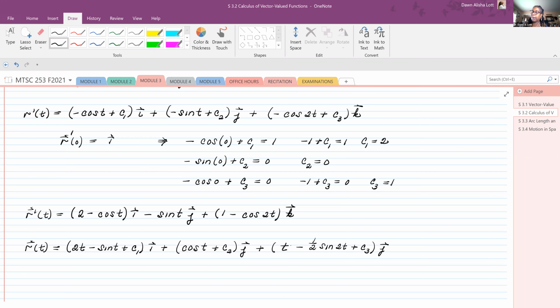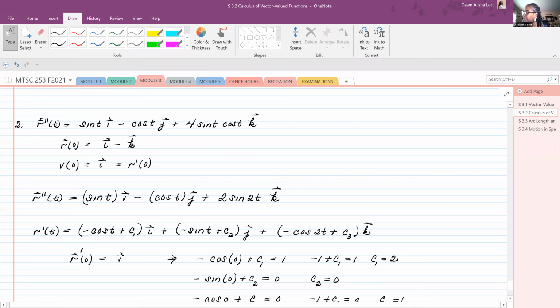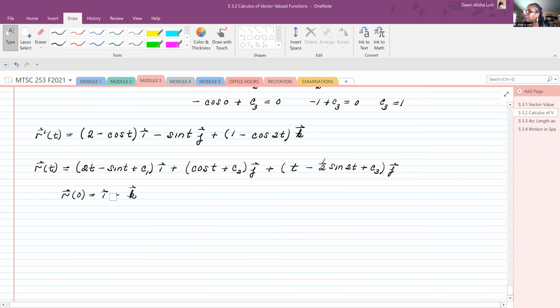Okay. So now R of t, R of 0 was i plus j. I plus k, wasn't it? I minus k. Wow, I really had that all botched up. It's i minus k, not even i plus k, it's i minus k. Okay, so that says 2 times 0 minus the sine of 0 plus C1 has to be 1.